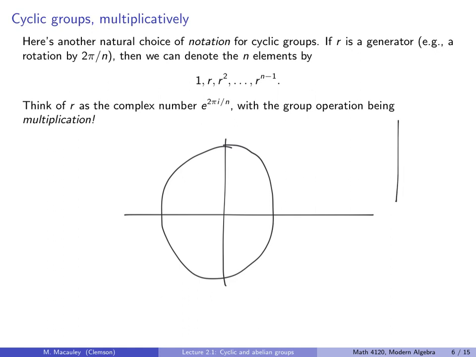Let me draw it up here. If this is angle theta, then this point in the complex plane is e to the i theta.